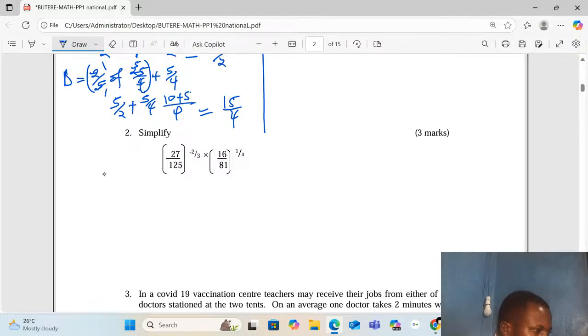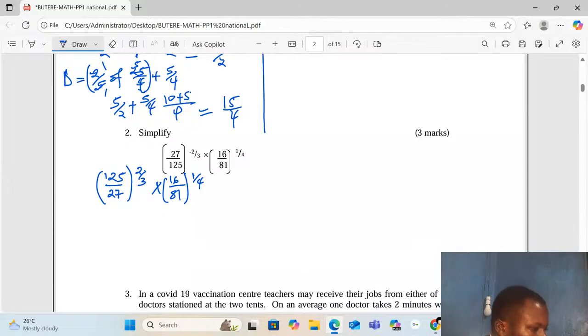So we shall have 125 over 27 power, now having the reciprocal, we ignore the negative sign, so you have 2 over 3. Now you have 16 over 81 power a quarter.